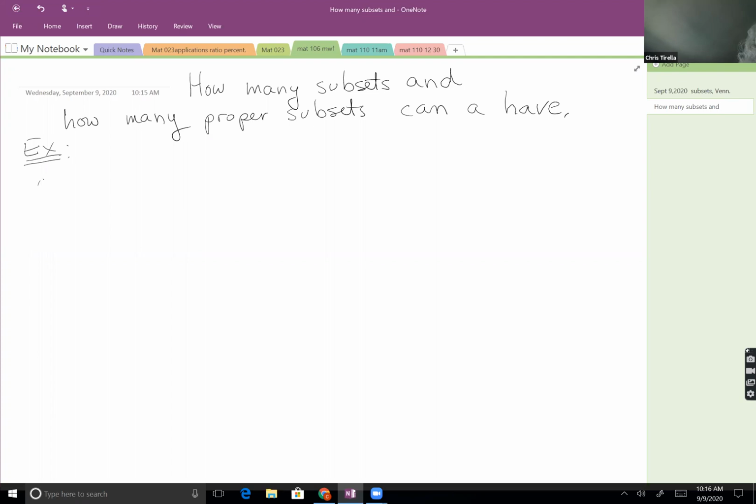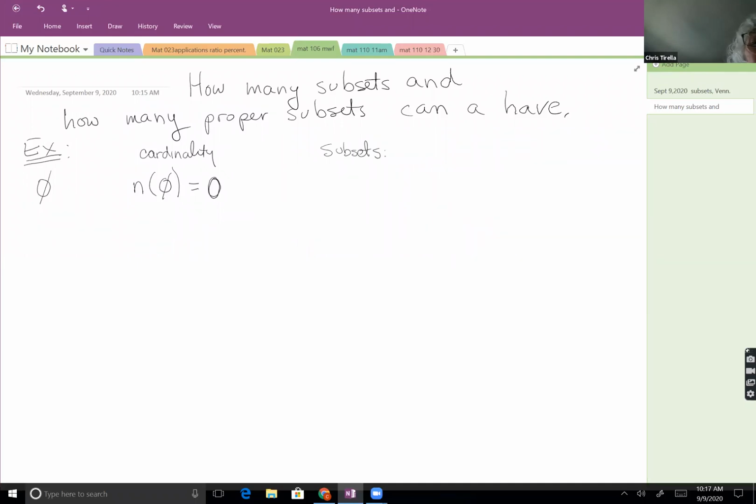First example is the empty set. First thing I want to know is its cardinality. What's the number of elements in the empty set? Is there anything in it? No. So we can say it has 0 elements. Now I want to look at its subsets.